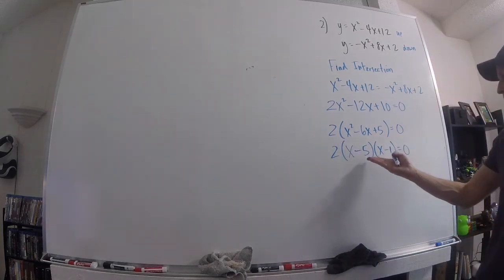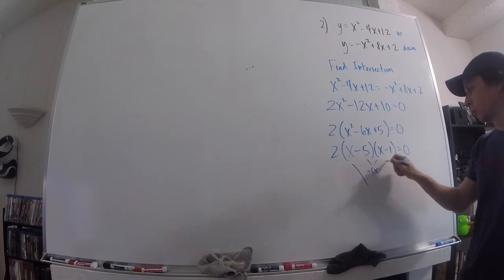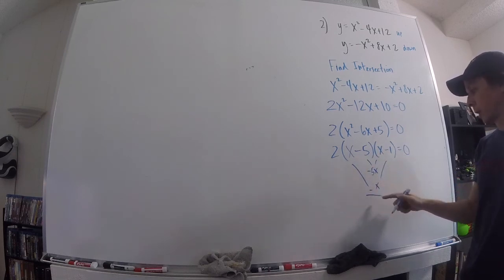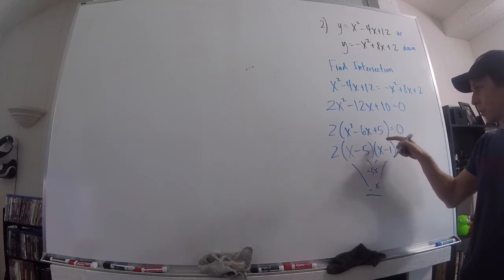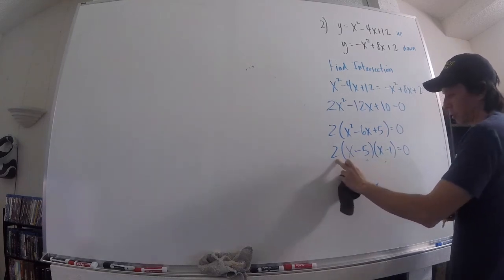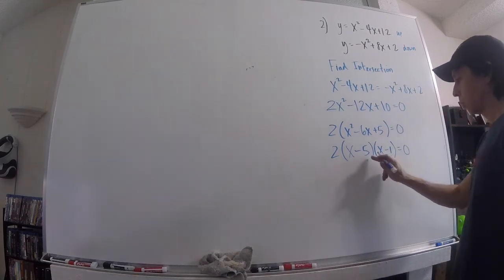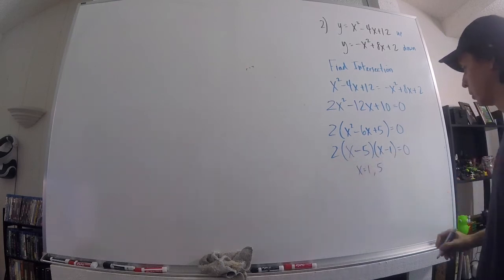Okay. I'll double check it always. Negative 5x for my inners, negative x for my outers, and that'll add up to negative 6x in the middle. Negative 5 times negative 1 does give me positive 5, so I'm good. The 2 is part of the factorization, but it's not part of our solutions. We will get two solutions, x equals 1 and x equals 5.